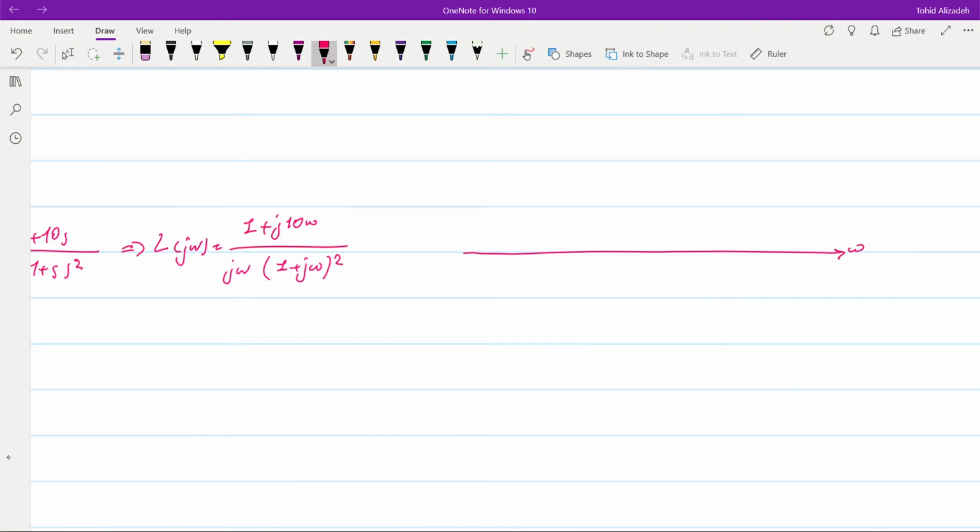Let's start to draw the Bode plot for the system. Here we have the amplitude plot and phase plot.